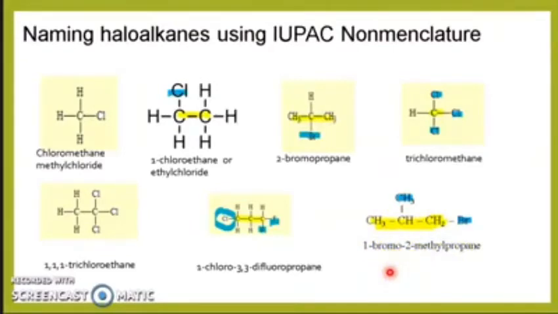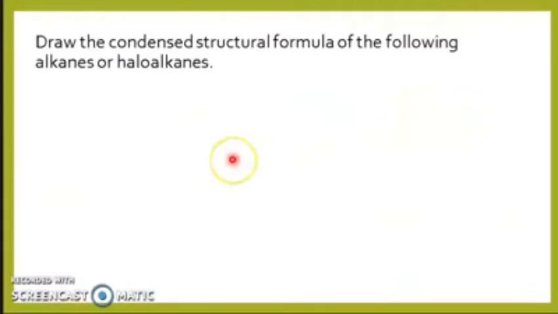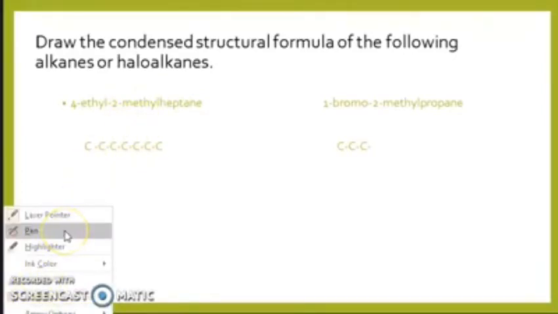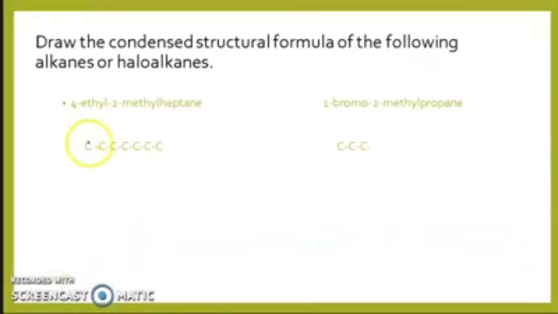Now, in case you had to draw the formula, we have to start with the main chain, and then we connect the branches. As you can see here, the name ends in heptane, and therefore we have to draw 7 carbon atoms.